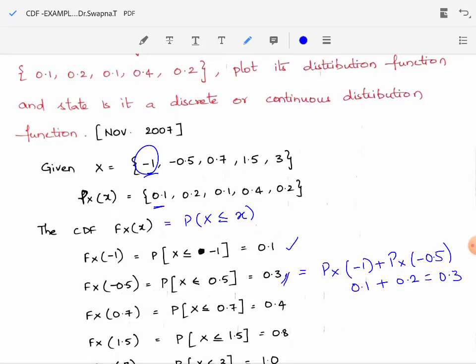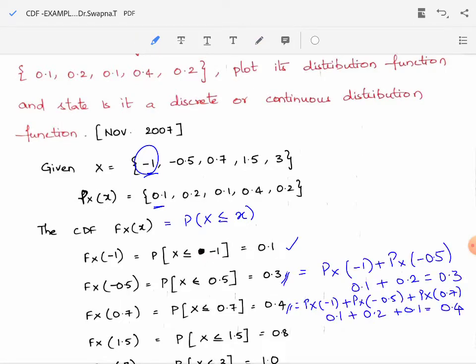Fx of 0.7 is equal to p of x less than or equal to 0.7. So again px of -1 plus px of -0.5 plus px of 0.7. We have three values, 0.1 plus 0.2 plus 0.1, which is equal to 0.4.